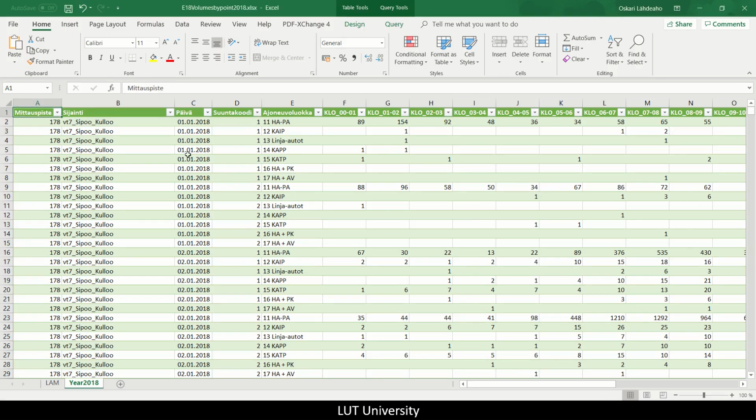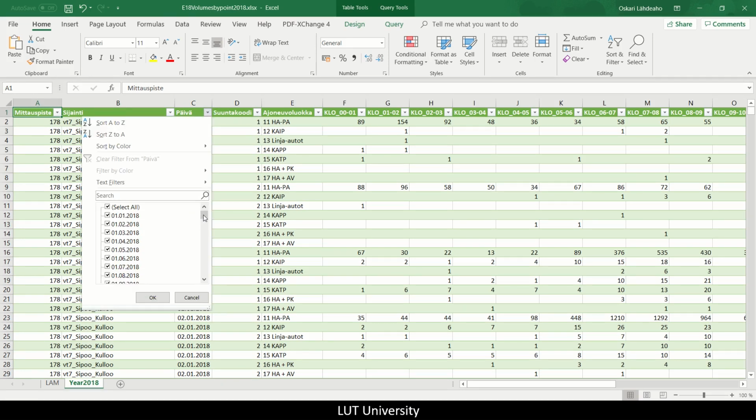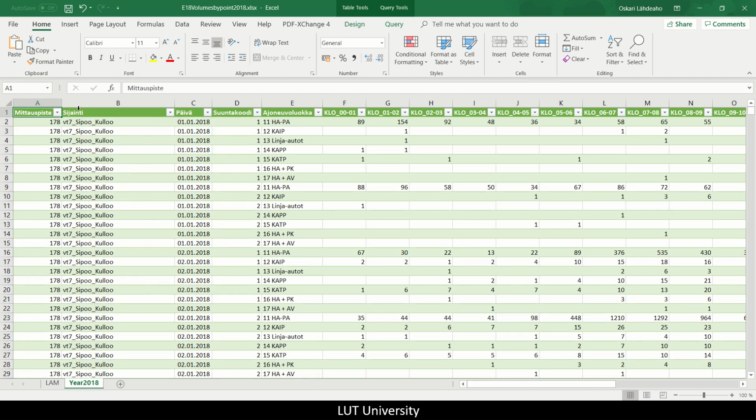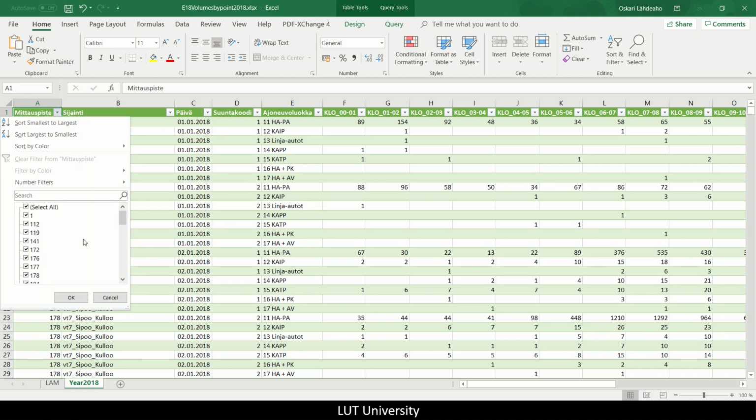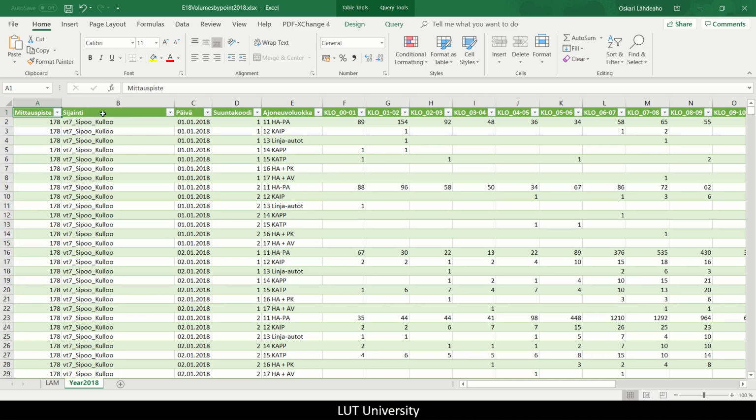So here I have gathered, from every day of 2018, all the vehicles that have gone through the mentioned measurement points, which are listed here. The Transport Infrastructure Agency uses these specific codes, the measurement station codes, and it helps to organize this data.